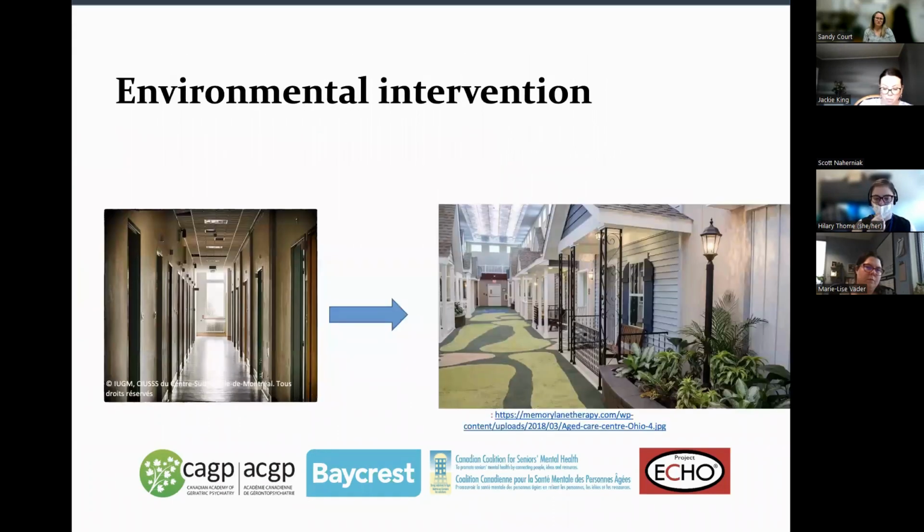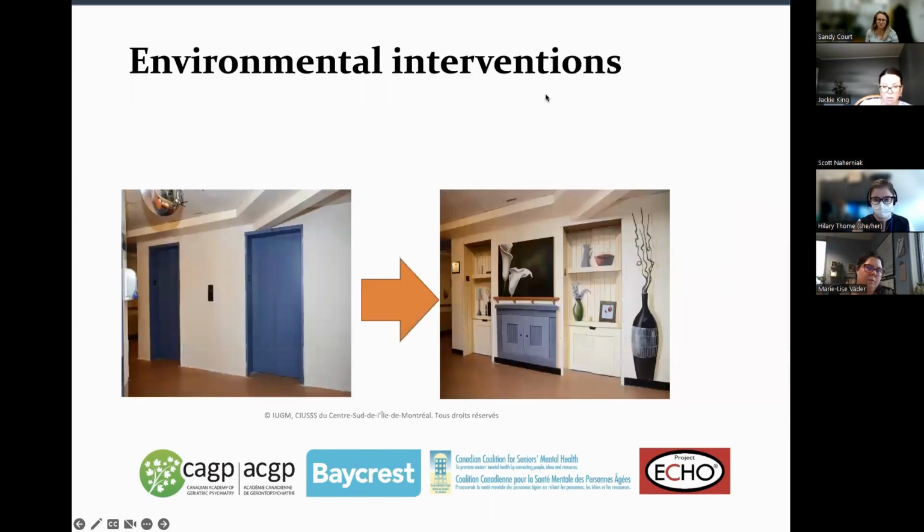So for example, there are many long-term care facilities, I don't know in the rest of Canada, but in Quebec, which are still very institutionalized, as you can see. So a big corridor with a dead end is very bad for a wandering patient. Instead, try to build more home-like places to live, which are more familiar to patients, which could decrease BPSD in some of them.